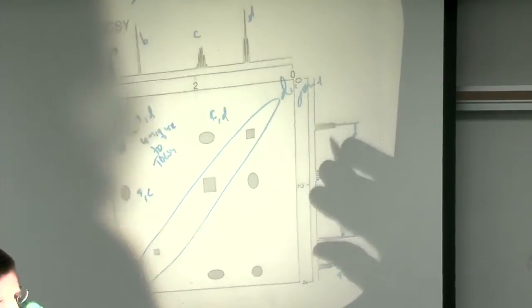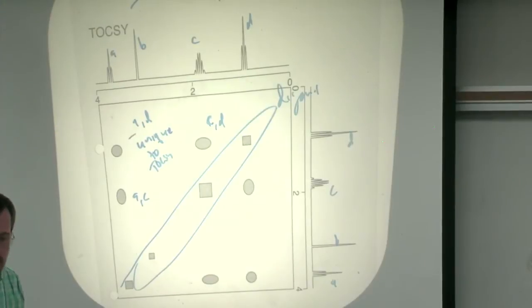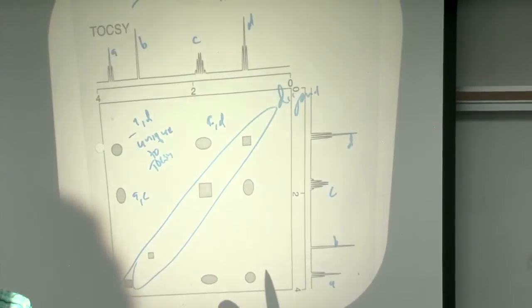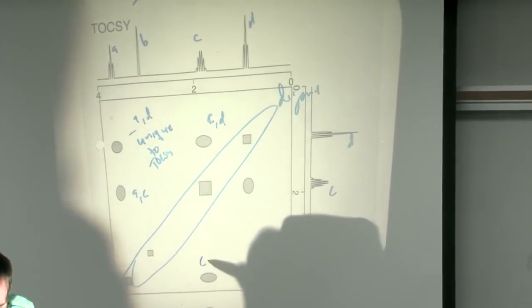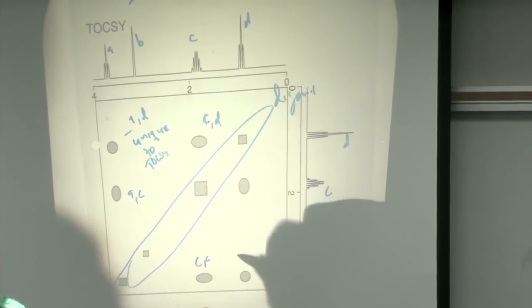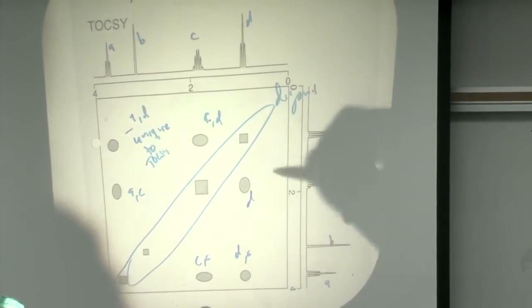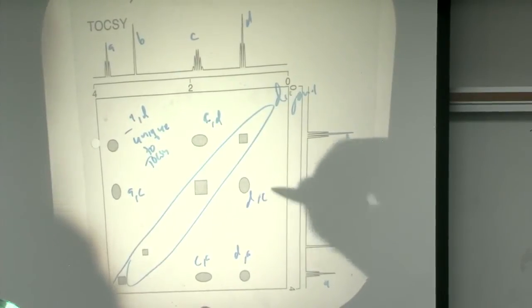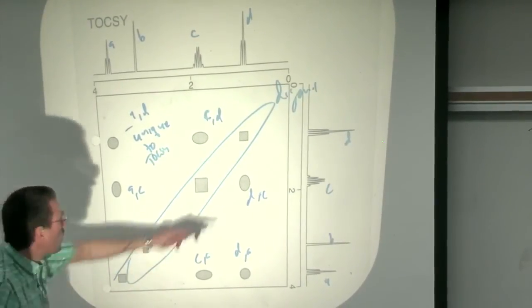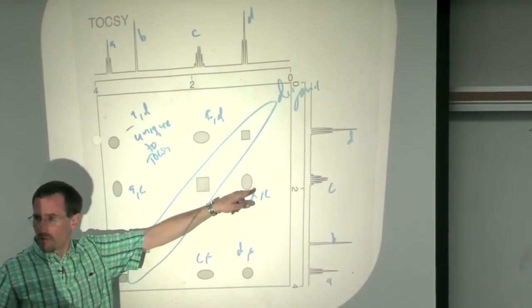Do you label the ones at the bottom as well? You can do that, and you'll find if I do the same thing here, I could call this either C to A or A to C, and I could call this D to A, and I could call this D to C. It's providing no additional information.